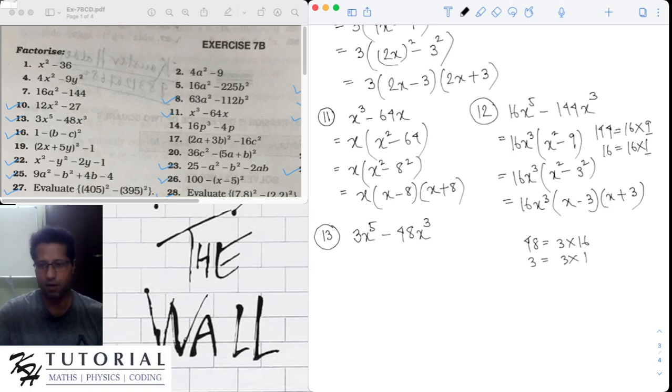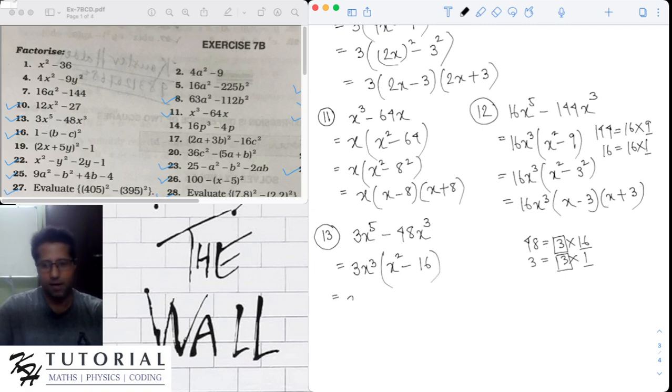Now if I take out 3 as the common factor, I am left with 16 and 1, which are perfect squares. So I would like to factor out from the terms 3 and x cube. So I have x square minus 16.